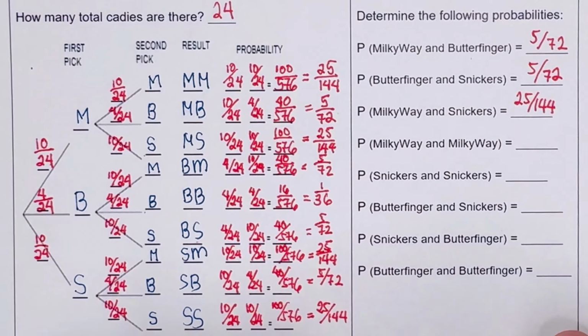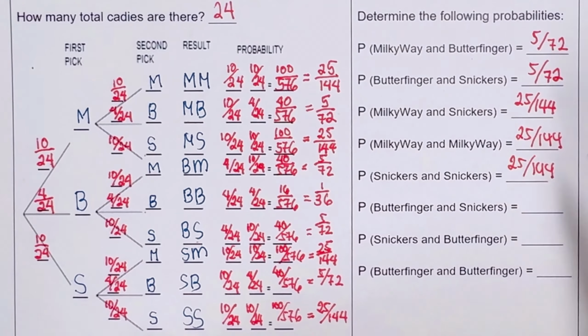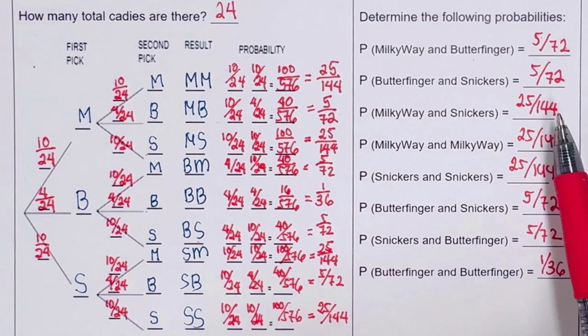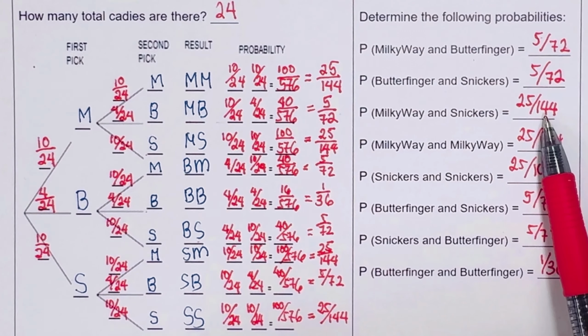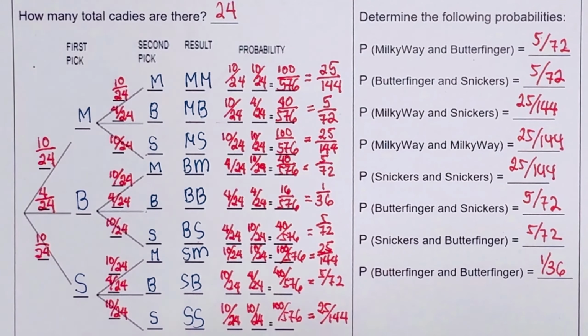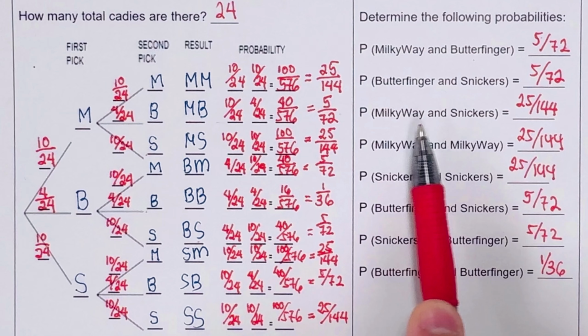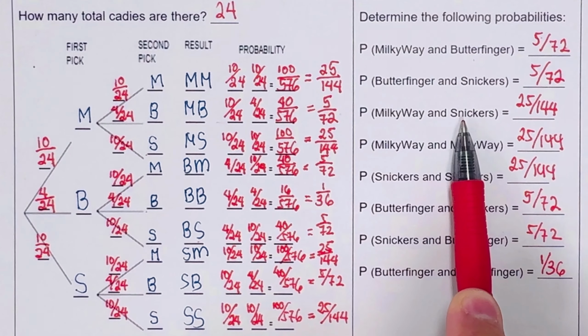So let's write the answers here. Okay, so others are going to say, like, what does this fraction tell us? So if the kid can pick candies from the box 144 times, 25 of those picks will be Milky Way and Snickers.